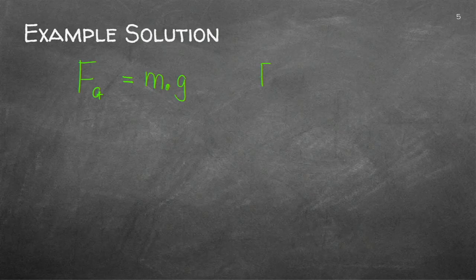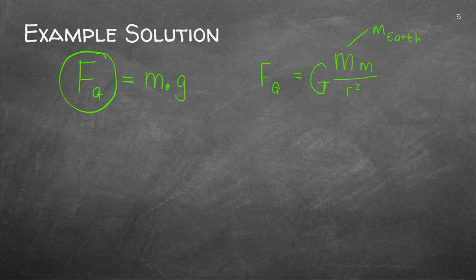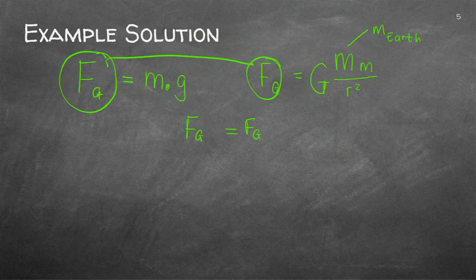Now I've got a new equation which says the gravitational force of Earth is G m, signifying the mass of Earth, and another mass over the square of the radius. I could actually say this is the weight, because it's the gravitational force. So I can say, because these are the same, I can equate these two equations.